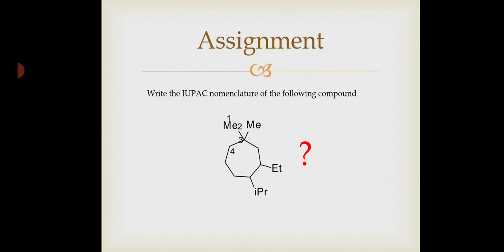The name of this compound is 3-ethyl-4-isopropyl-1,1-dimethyl cycloheptane, because there are 7 carbons in the ring, and so the name of the parent cycloalkane is cycloheptane.